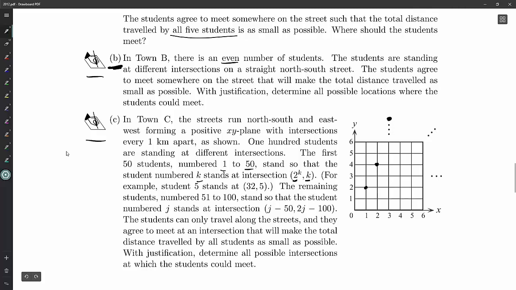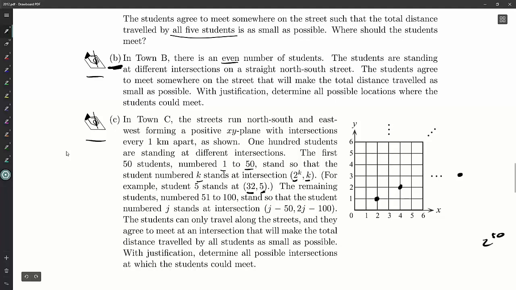Oh, sorry, I've got the XY coordinates wrong there. It'll be (1, 2), (2, 4), (3, 8). So there'll be someone out there all the way at 2 to the 50. For example, student 5 stands at (5, 32).